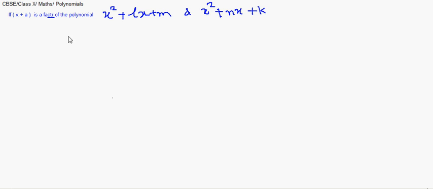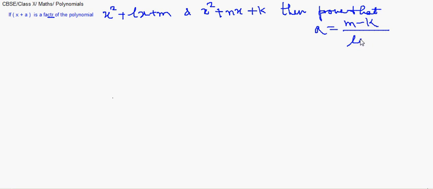We have to prove that. It says then prove that. What do we prove? It says a is equal to m minus k by l minus n.